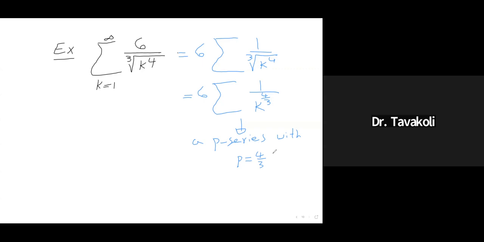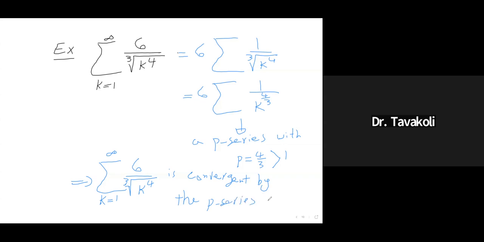And by the p-series test, if this is more than 1, which 4/3 is, we can conclude that this series sigma of 6 over cube root of k to the 4, running from 1 to infinity, is convergent by the p-series test.